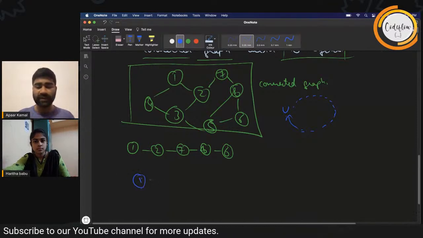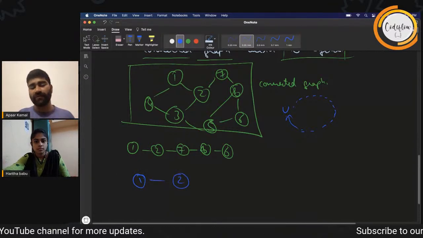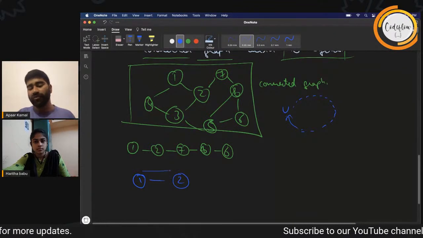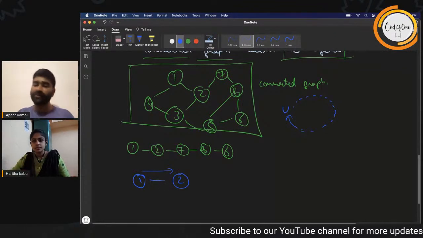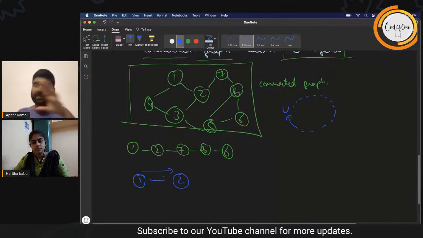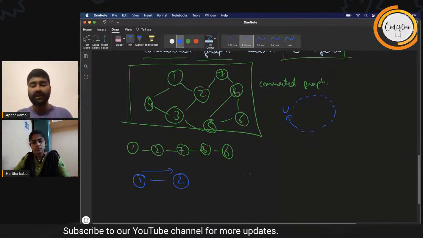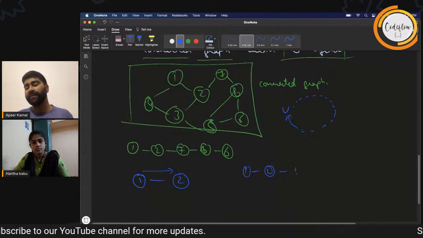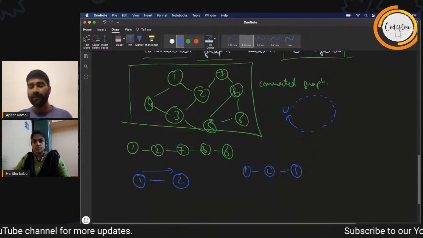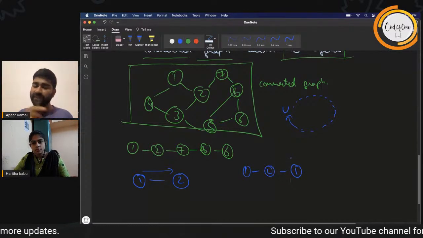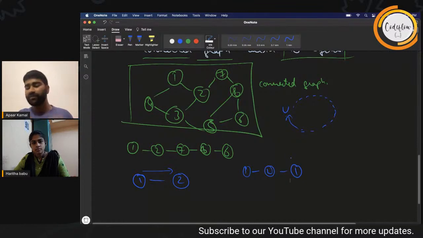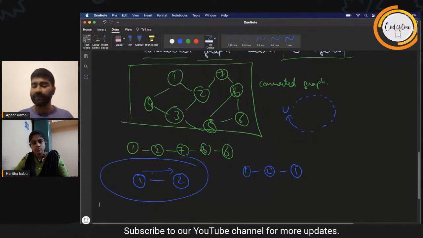If I started from 1 and I go to 2, that means the edge from 1 to 2 is traversed, right? Now I cannot traverse it again. I cannot say go from 1 to 2 and then again back to 1. No. Why? Because I have already traversed this edge. So there is no cycle in this graph 1 to 2, right?